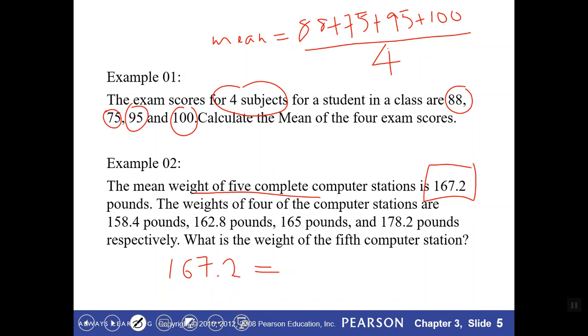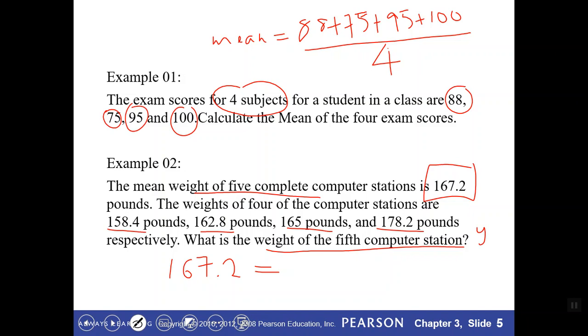There are 5 computers. They have given 1, 2, 3, 4. We need to find the weight of the 5th computer. So suppose the weight of the 5th computer station is, let's say, y.